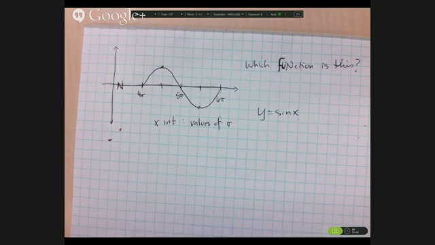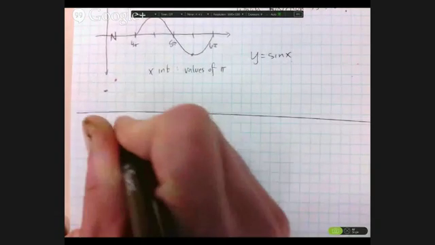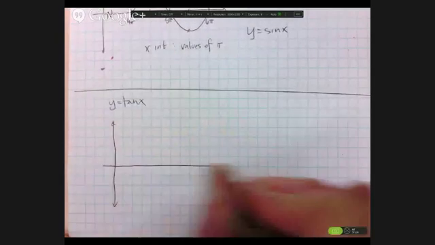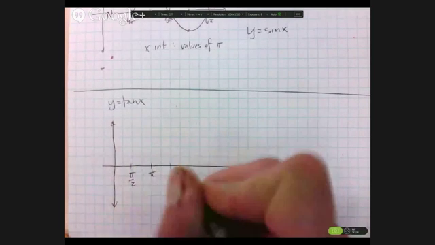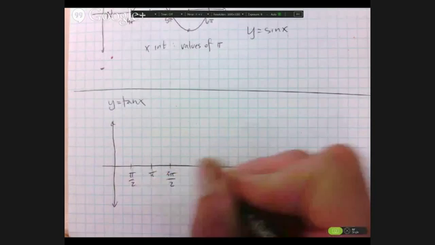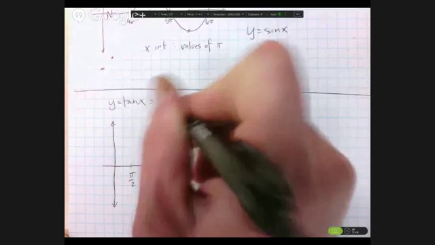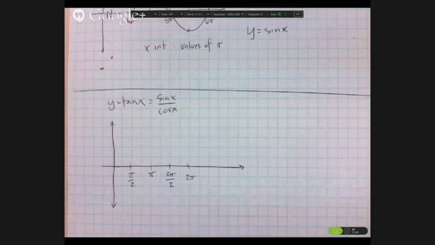Okay, real quickly, just tangent. This is just informational. Where is tangent undefined? It's where cosine is 0.